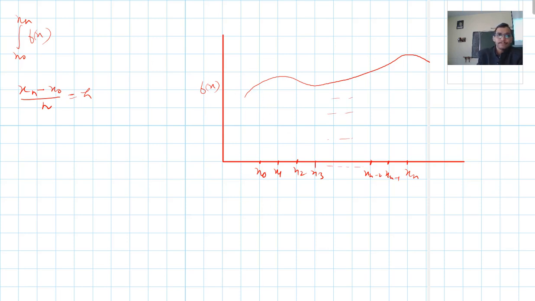And let me draw perpendiculars, and so on, like this, from here to here.